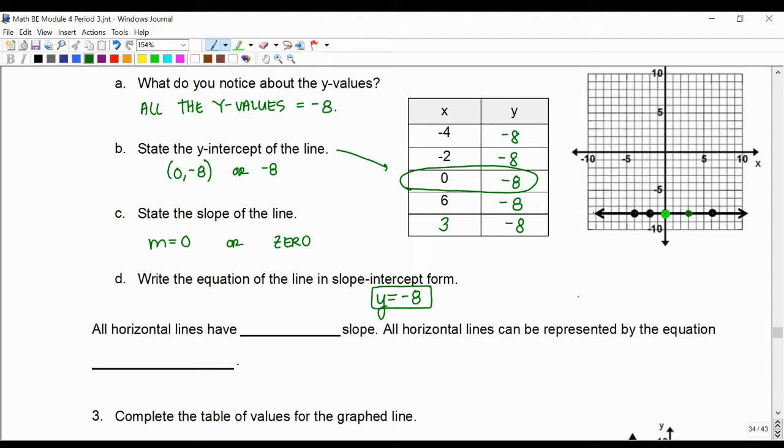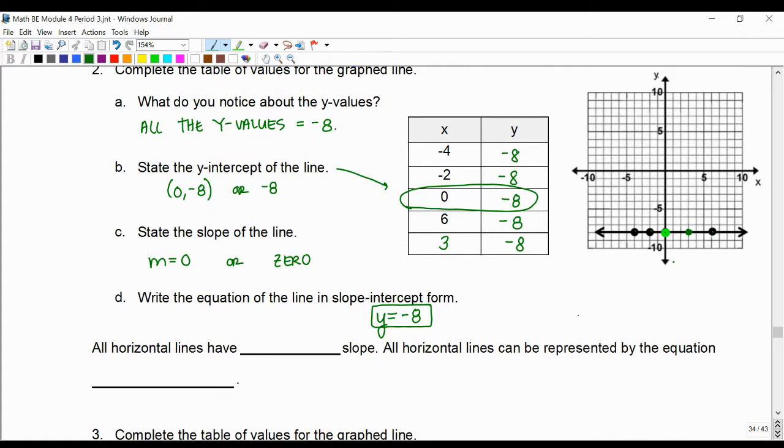It's a little weird though, because we think of this as the y-axis, I believe it's labeled, but the graph for a line ends up being horizontal. It's sort of opposite from what it is as it relates to the y-axis. So all horizontal lines have 0 slope.